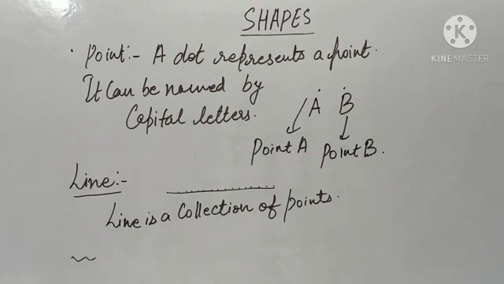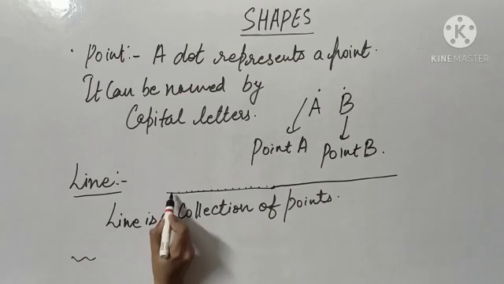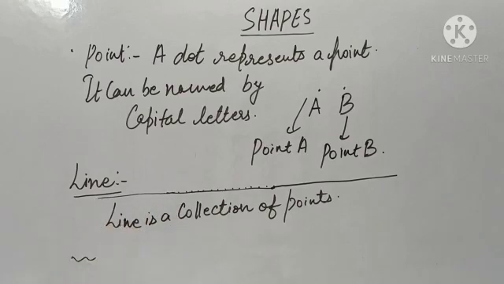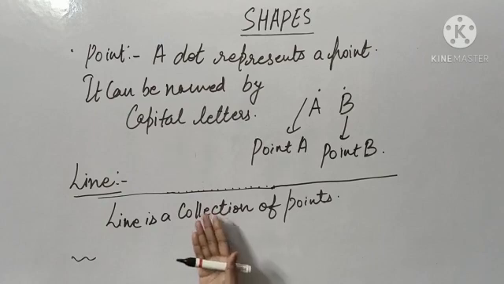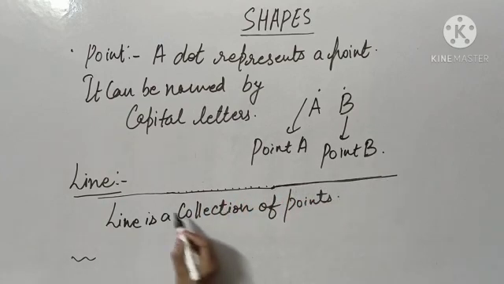Now, you can see here, this line has no end point. Has no end point means it can be extended. See, I am extending this line in here. I can extend this line in this direction also. That means line has no end point. Since it has no end point, it can be extended in this direction as well as in this direction endlessly.